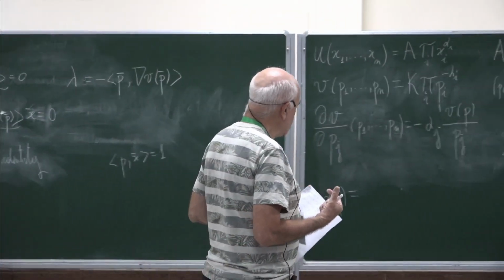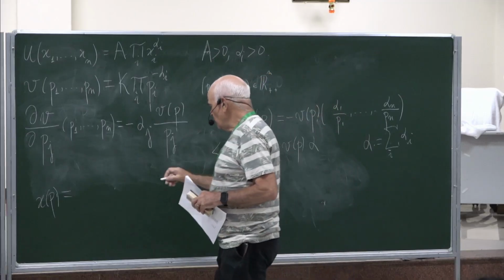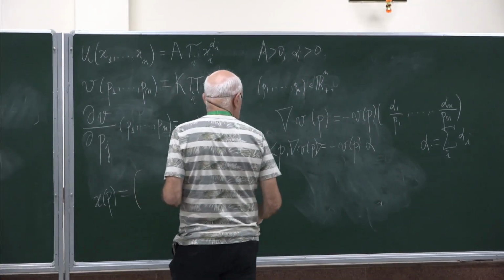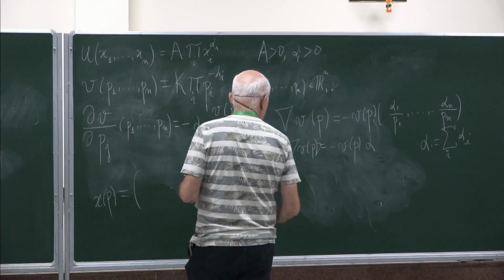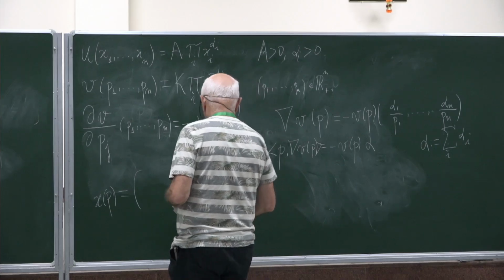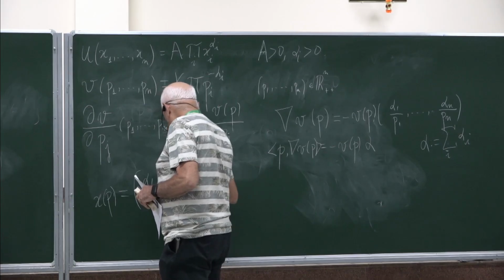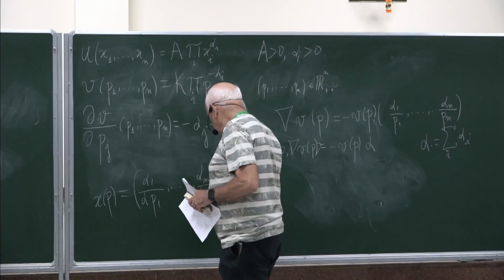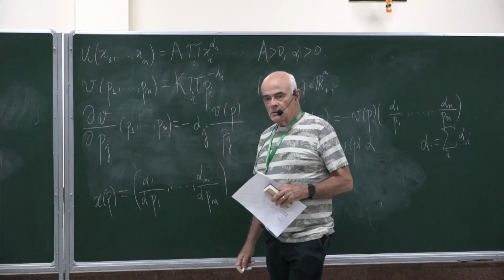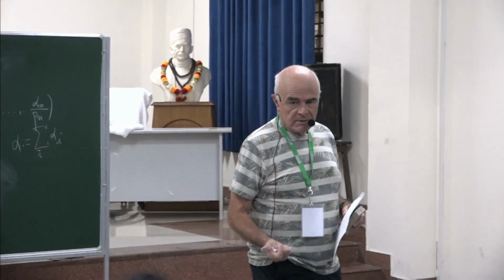Then x of p, minus v of p disappears, so we get it's equal to alpha_1 divided by alpha p_1, ..., alpha_n divided by alpha p_n, which is exactly what we obtained directly by solving the maximization problem.